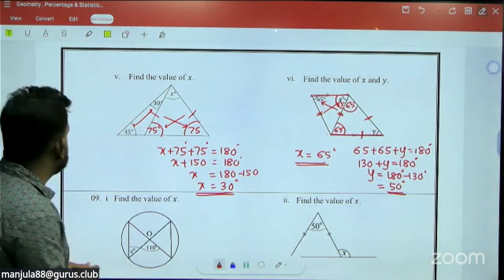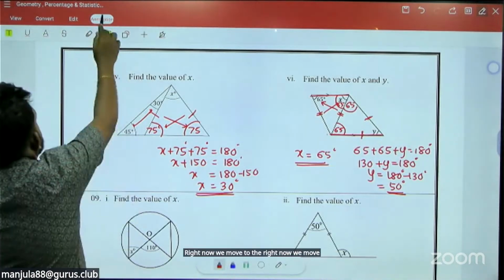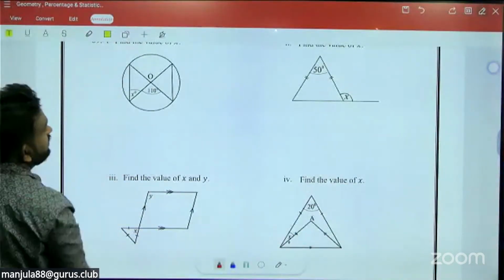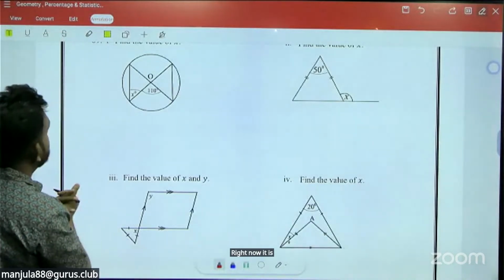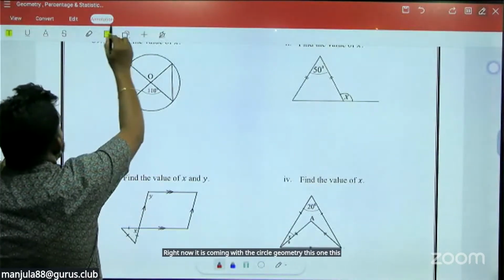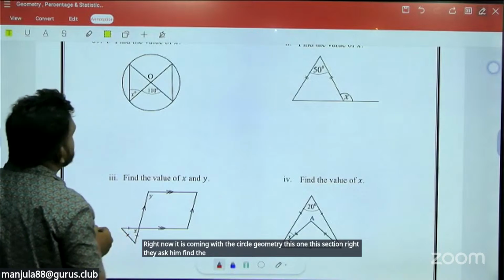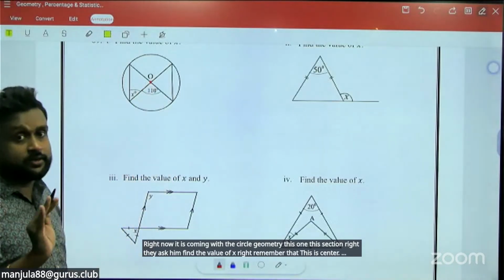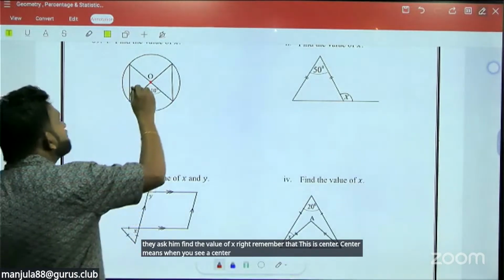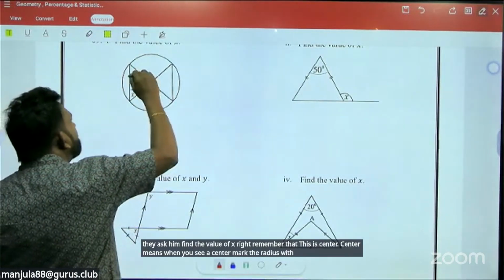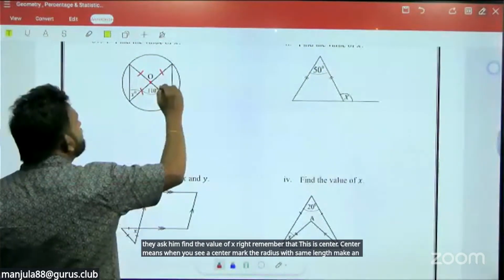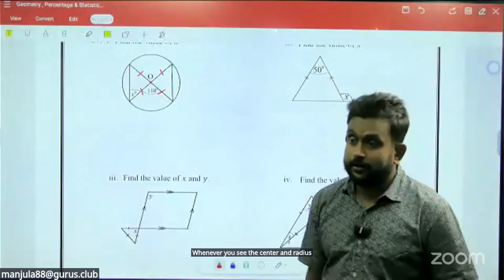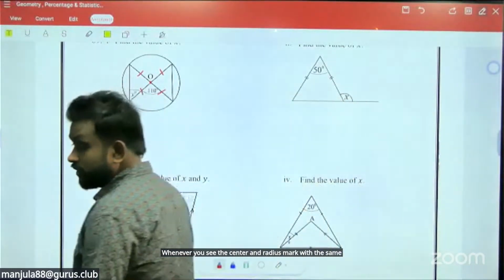Now we move to question number 9. Now it is coming with circle geometry. In this question they are asking to find the value of x. Remember that this is a center. When you see a center, mark the radius with the same sign, since the sides are equal.